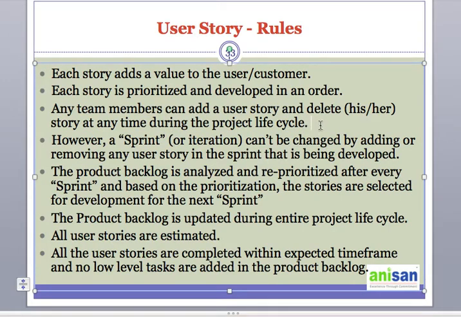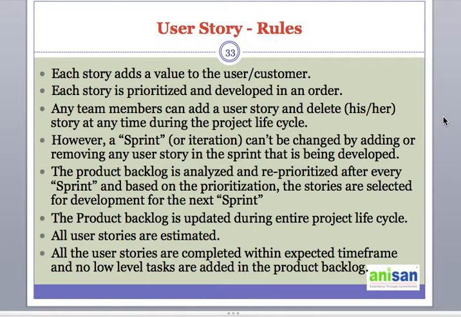If it is picked up in the sprint, then you can't do anything, but if it is in the product backlog you can. However, a sprint or iteration can't be changed by adding or removing any user stories in the sprint that is being developed. It means once you pick up the user stories for development in the sprint, no changes are acceptable during the sprint. You can do it before the sprint or after the sprint.